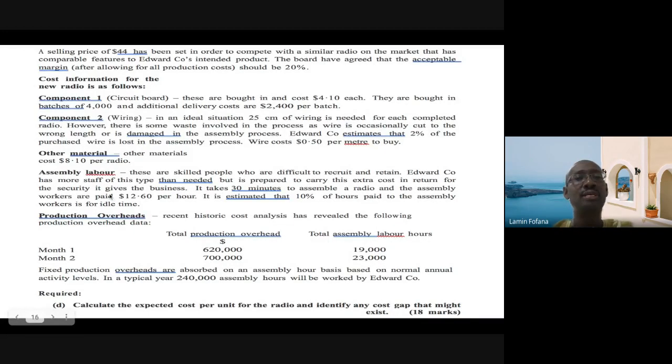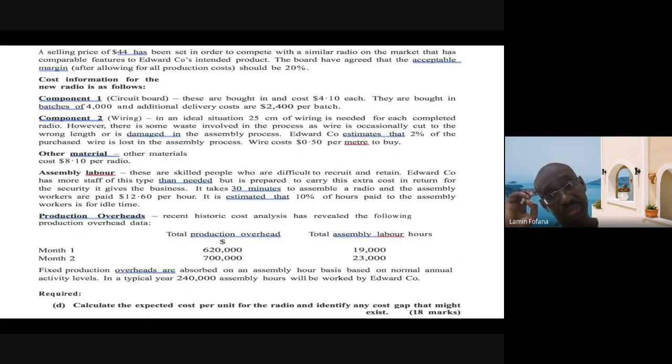By ensuring that the machines the staff are going to work with are efficient in the first place, and not only the machine, the quality of the material also. Because if the quality of the material is poor, the production time is going to be longer, and that is going to make it more costly. So these are some of the points you need to mention.